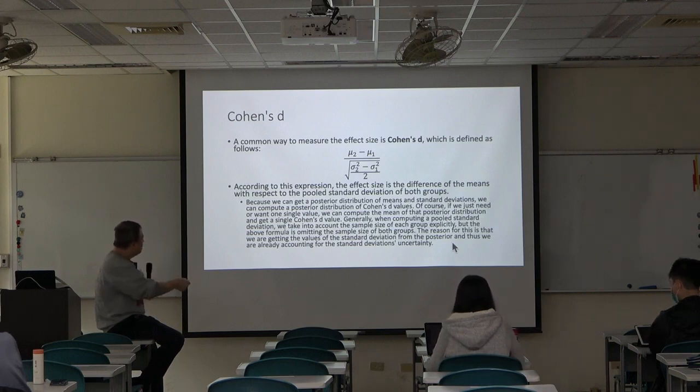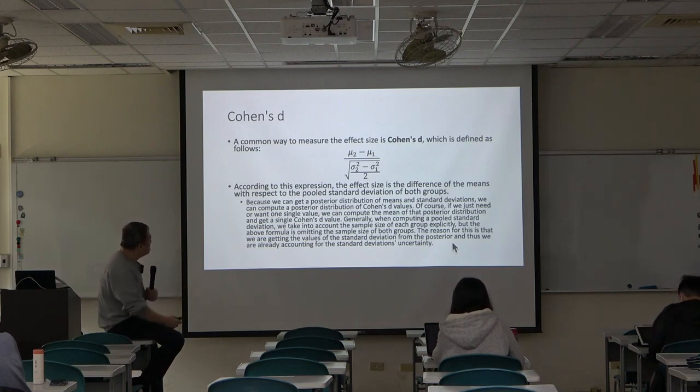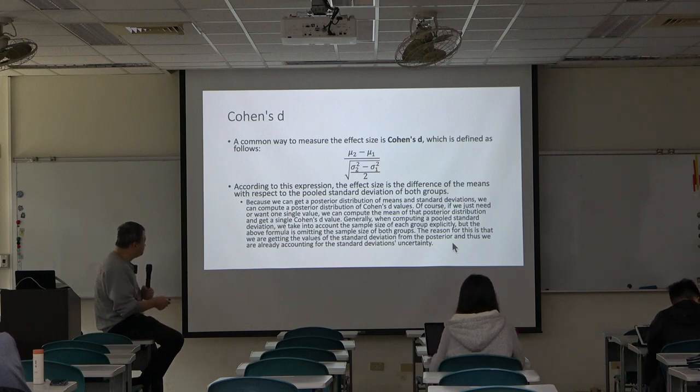So that's why Cohen's d is defined in this format. We compute this pooled standard deviation and use that as the denominator in Cohen's d to normalize the difference of the mean.